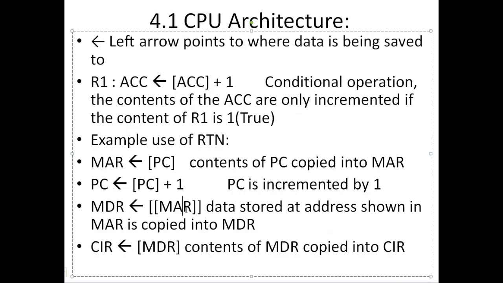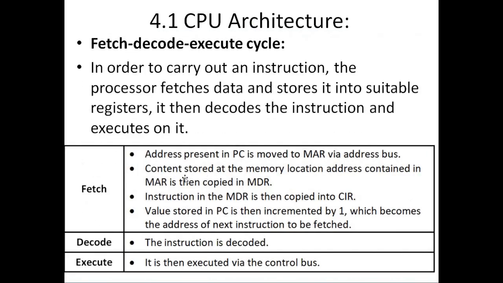Then we have something like double square bracket on MAR, which basically means go to the location which is currently stored in MAR and then copy whatever contents are over there and then store them in MDR. This is this stage. Content stored at the memory location address contained in MAR is then copied into MDR through the data bus.